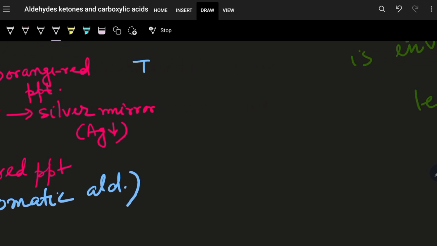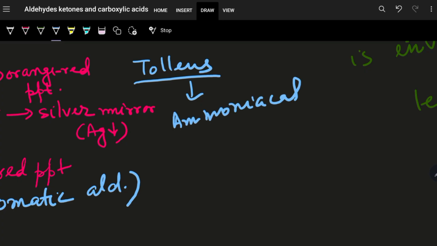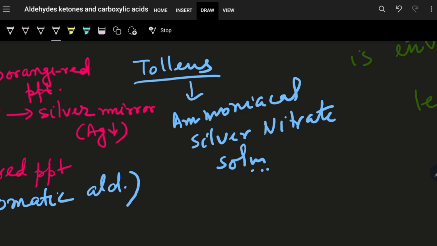Now, Tollens reagent is ammoniacal silver nitrate solution. Silver nitrate solution is actually prepared in an ammoniacal or alkaline, a basic medium.